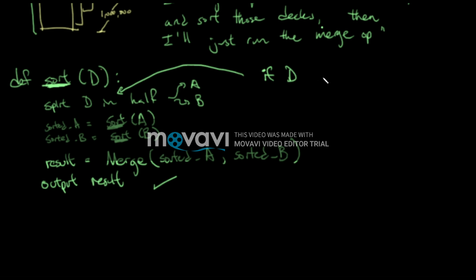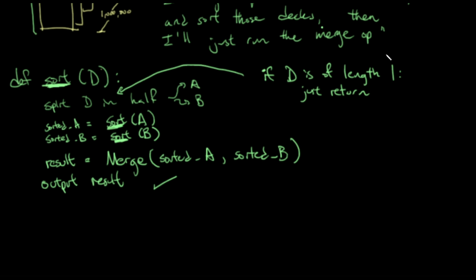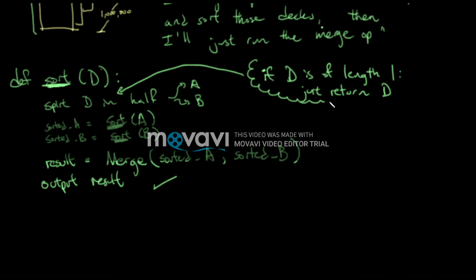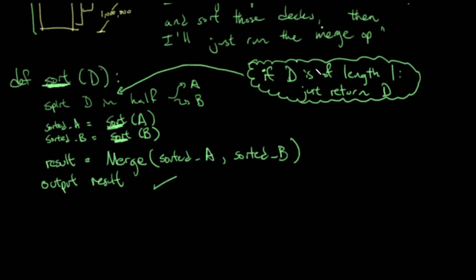If D is of length 1, just return D. Return that one card in D. And that right there is the basis of the merge sort function.